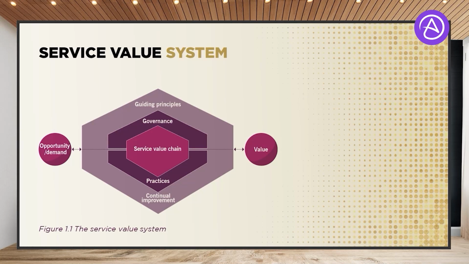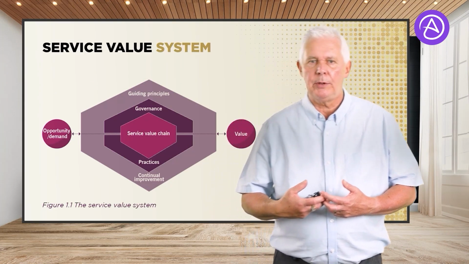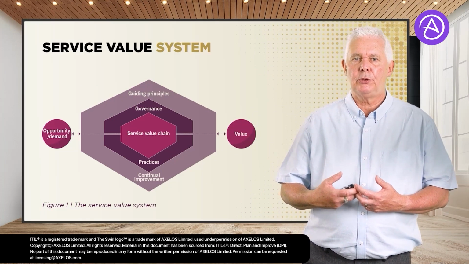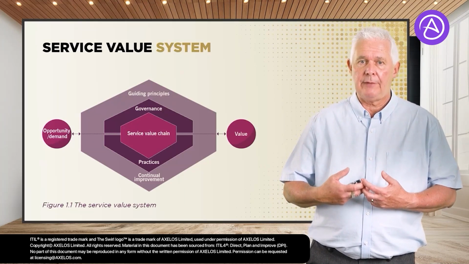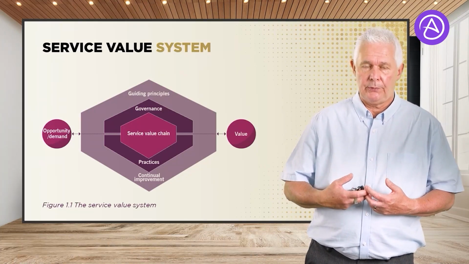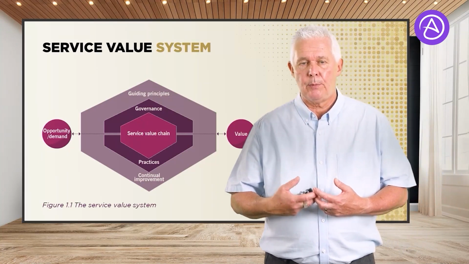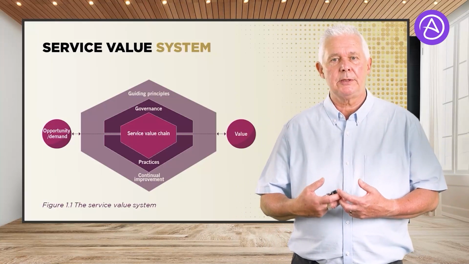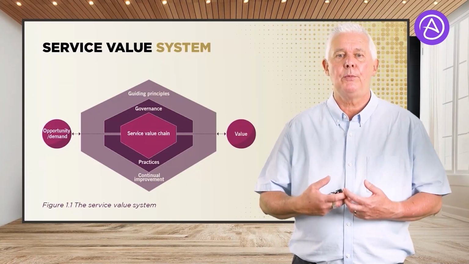It's now called continual improvement. Maybe continual service improvement implied that we only really looked at improving services, whereas in fact we should be looking at everything we do in the organisation. Every activity, everything we perform, we should always be asking the question, can we improve it? Can we make it better? So it drops the word service because it's not just about focusing on the services, it's about looking at everything we do.